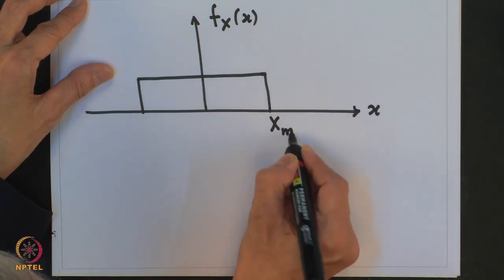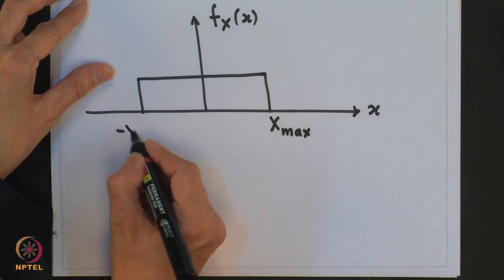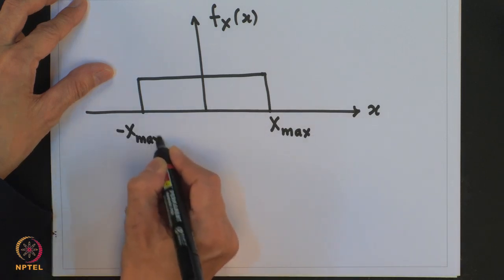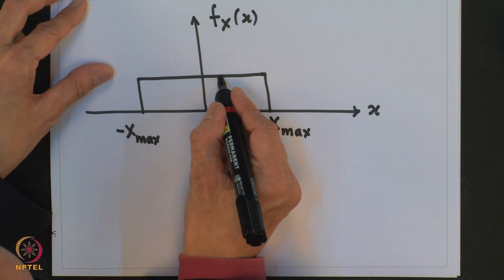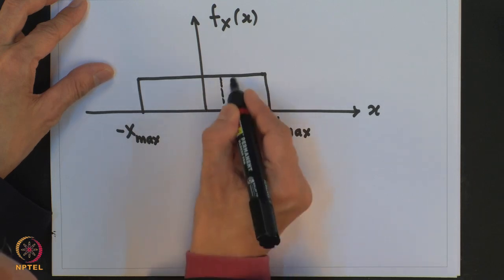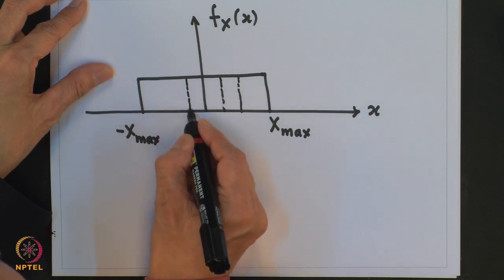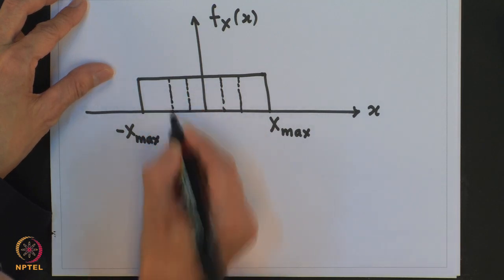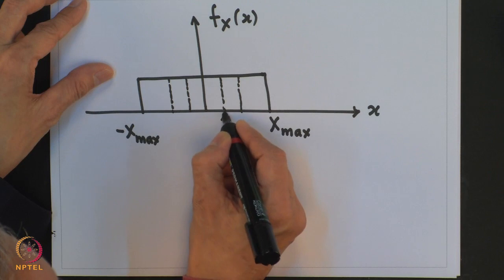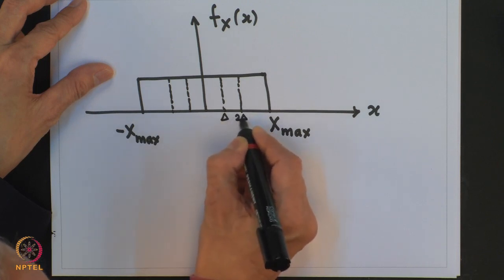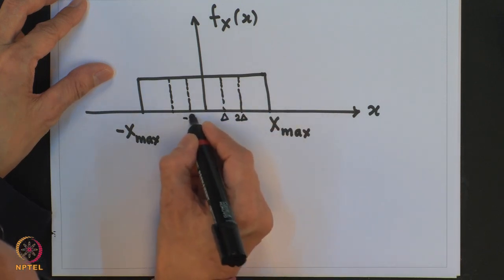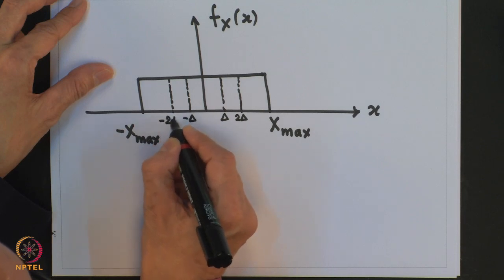This is x max, minus x max, and you have this delta, 2 delta, and so on, here minus delta, minus 2 delta.